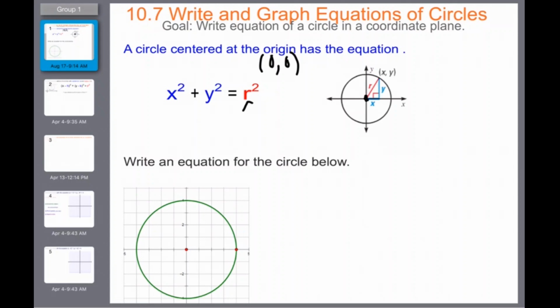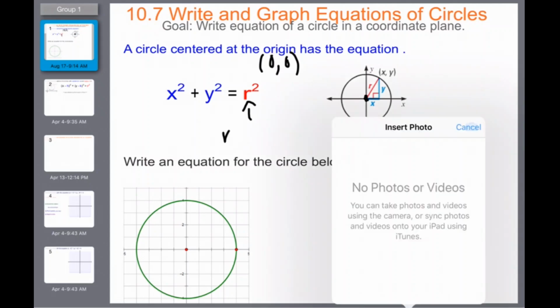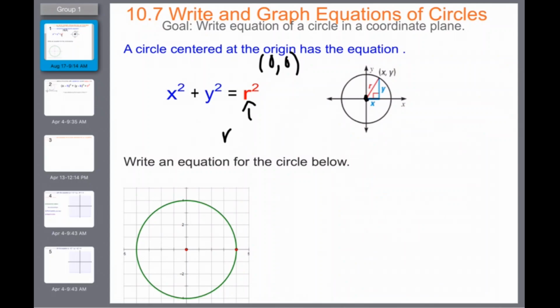Our radius is our r, so it's however long that radius is going to be. If you're given a graph, most times you will be able to count the radius, depending on which direction you're going into.